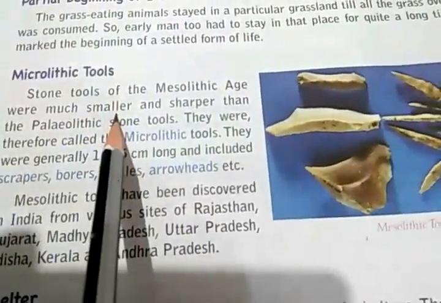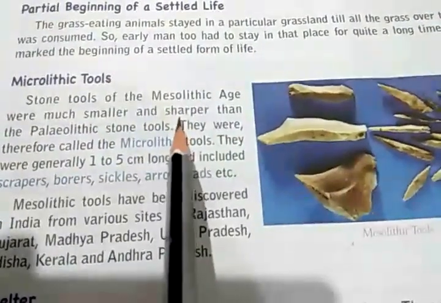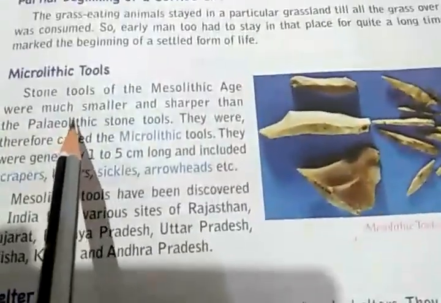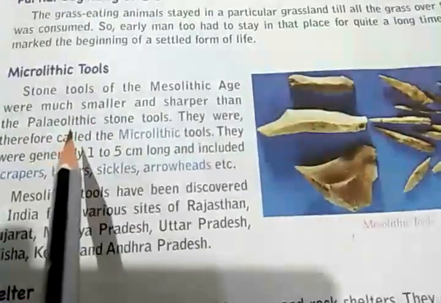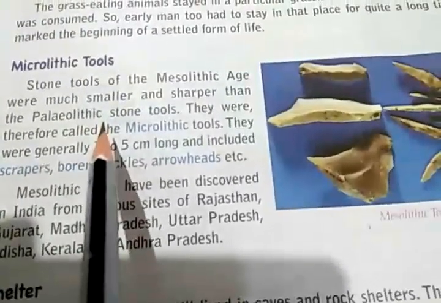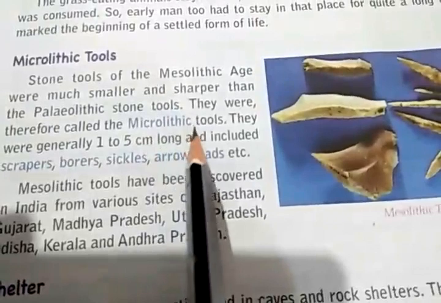They were very small and they were sharper. Very sharp. This was the first difference between the tools used in the Paleolithic and the Mesolithic. Did you understand?